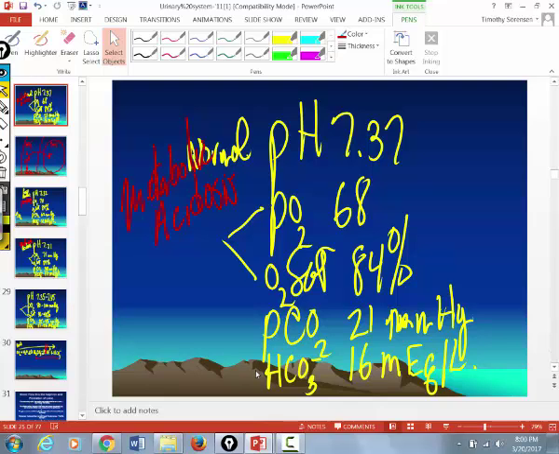The kidneys can't do anything in a metabolic acidosis right away. Do you understand that? So if initially you start producing more hydrogen ions, the only system that can initially compensate for that is the respiratory system.